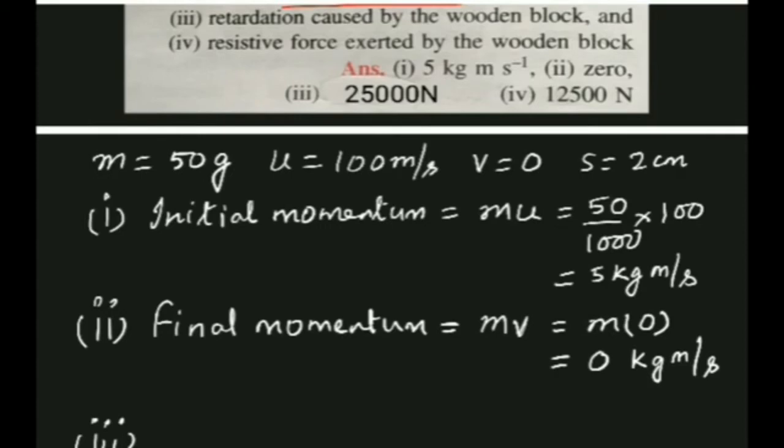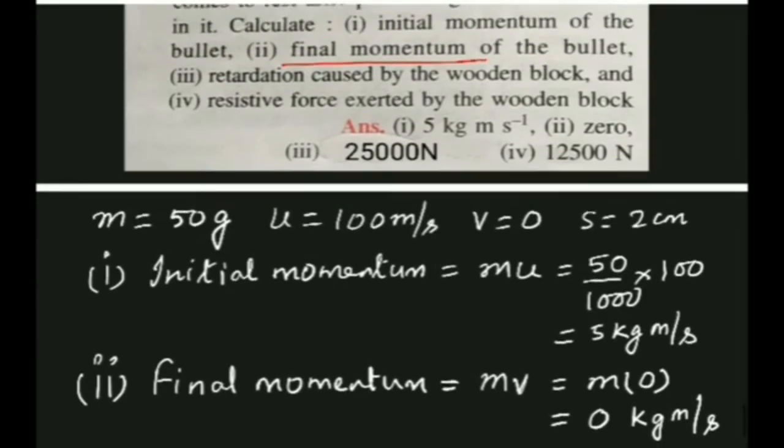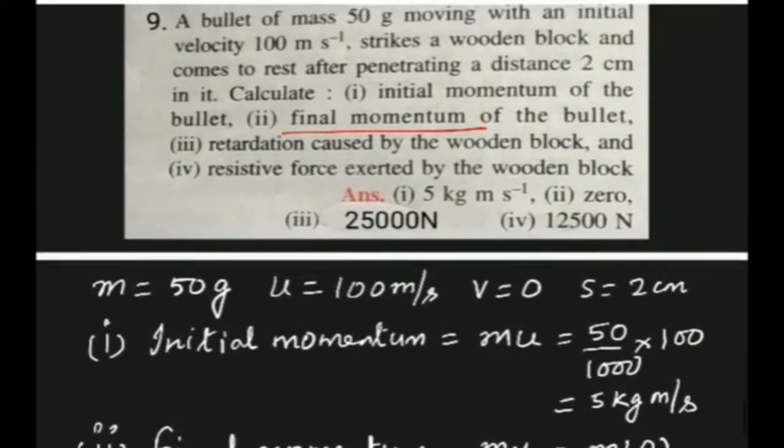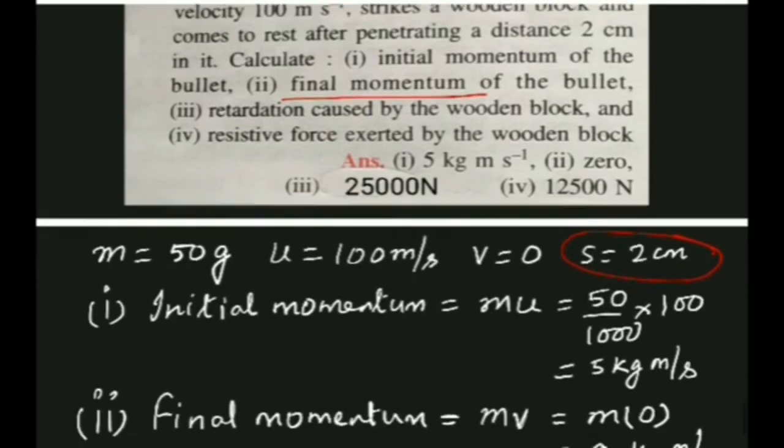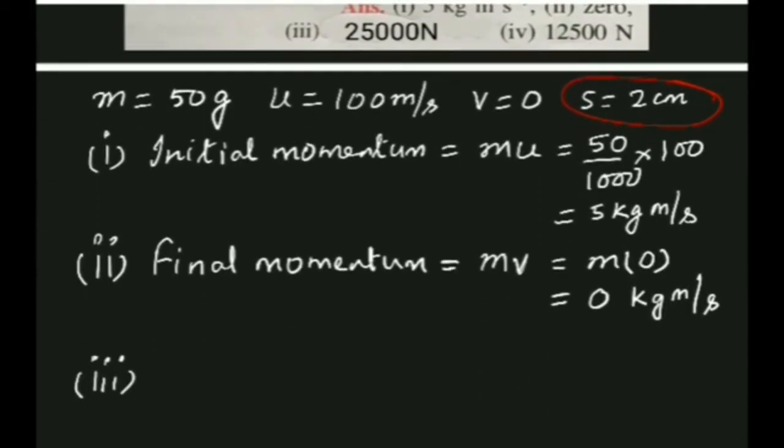And what is t here? t is time, but the value of time is not given anywhere in the question. So we have to apply some other formula. We have been given the value of distance, so we can use this. It's better we apply the third equation of motion.